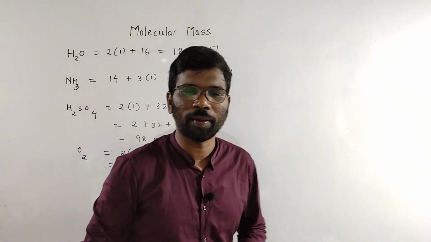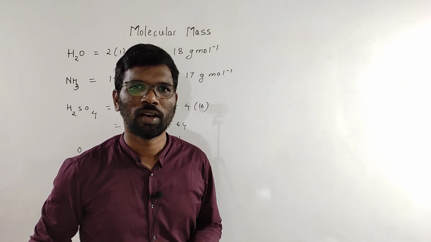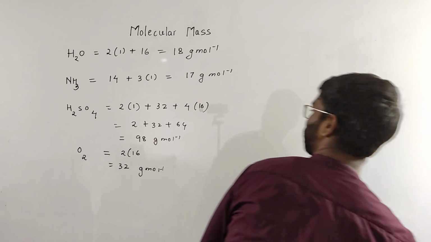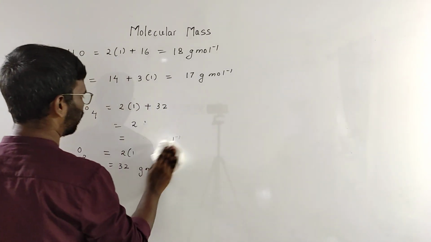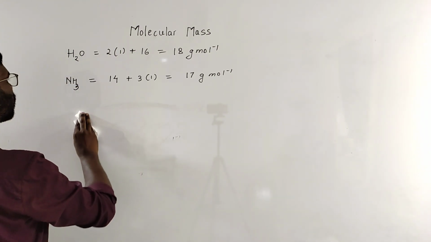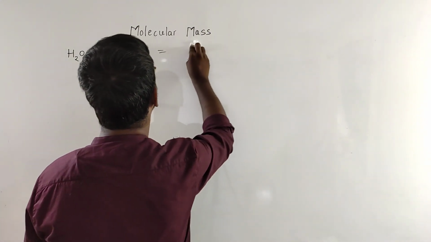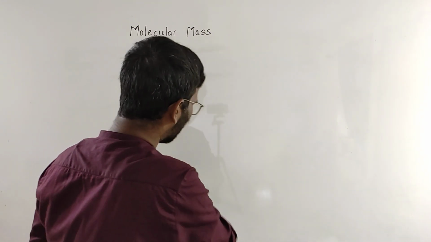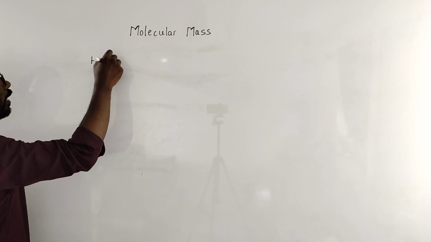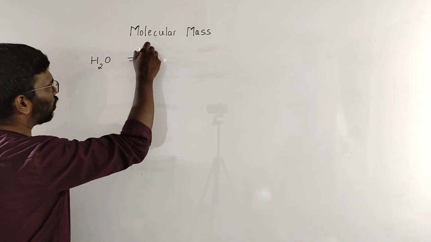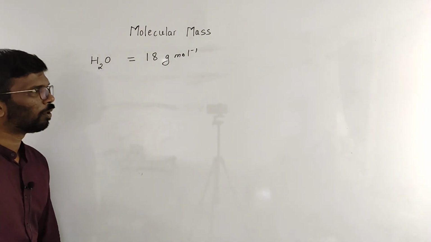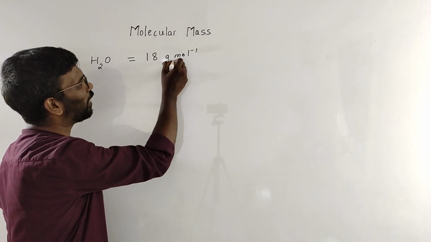But what is the exact meaning of the molecular mass? Let's start with the simplest molecule, that is H2O. The molecular mass for this is 18 grams per mole. It says that these many grams per mole.